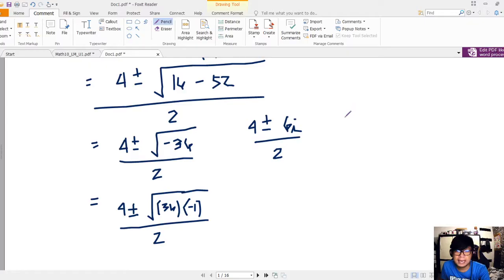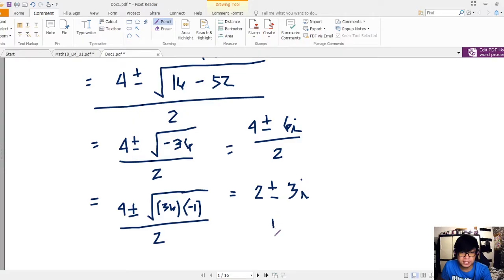So, magiging, pwede man na i-divide na yan siya. So, this will become 2 plus minus 6 divided by 2 is 3i. So, pag-hiwalay natin yung dalawa kasi may positive dito.